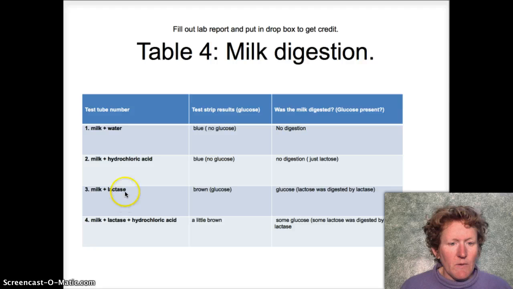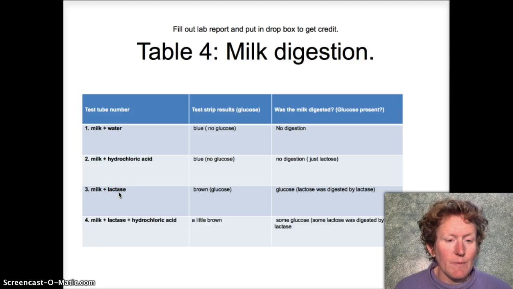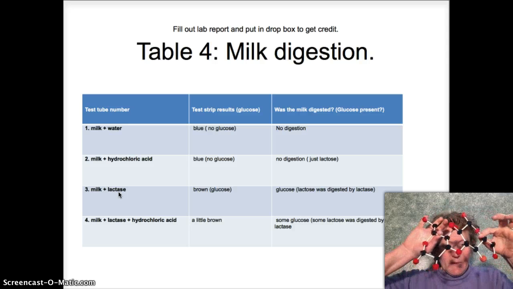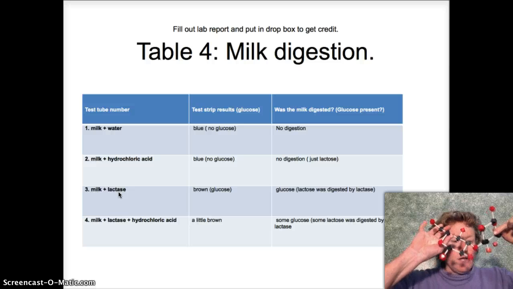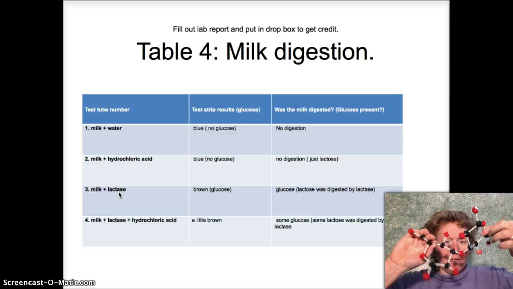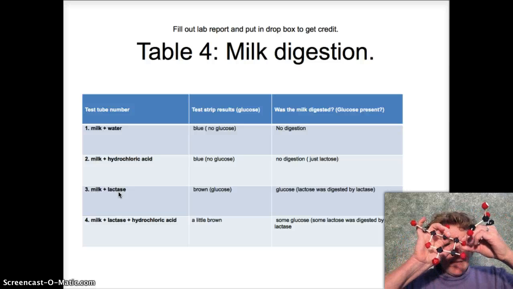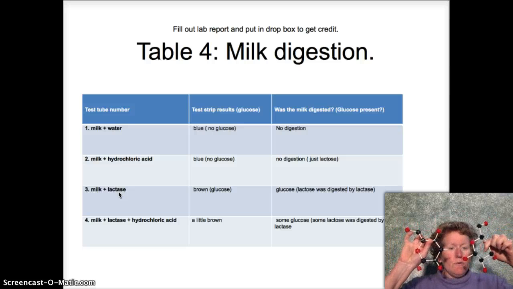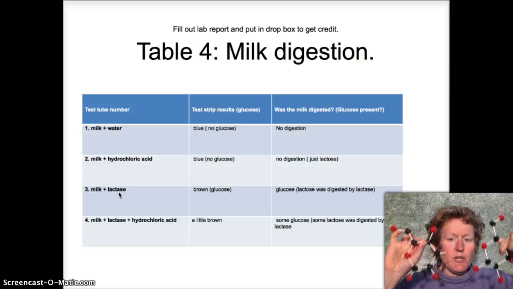When we got down to milk that had lactase added, remember lactase is an enzyme that breaks down lactose. Lactose, remember, is a disaccharide. It has two sugar rings here, and when it gets cut by lactase, the enzyme breaks it into two monosaccharides, two separate sugars.